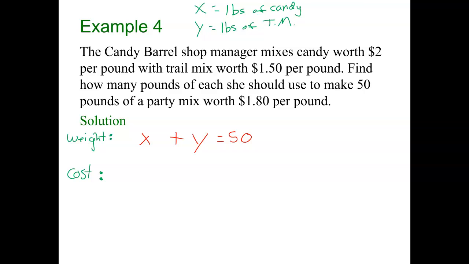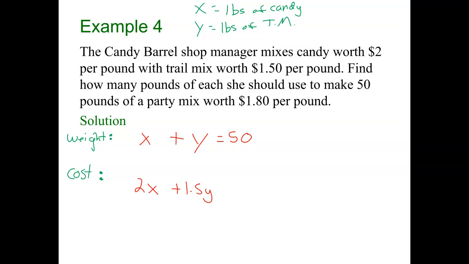Okay. Cost. How do I find the cost of the candy? I'm going to add them together for the total cost, but I'm not just going to do 2 and 1.50. I'm going to do $2 for every pound of candy, and $1.50 for every pound of trail mix.